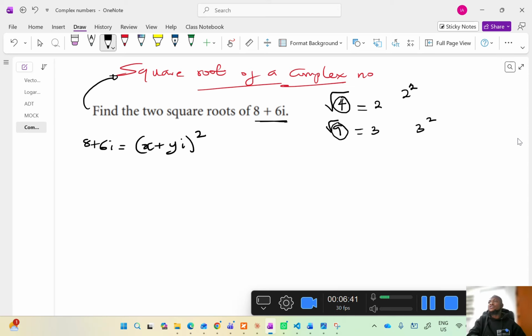So since this is understood, then I can now expand this bracket. That becomes 8 plus 6i is equal to x plus yi and x plus yi. Okay?